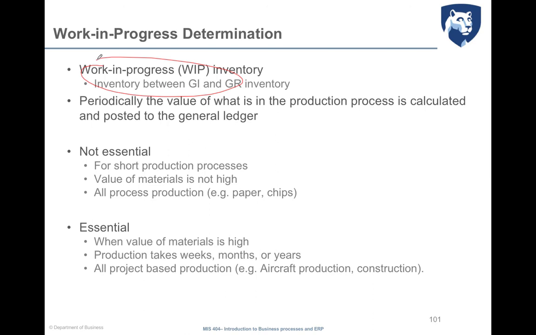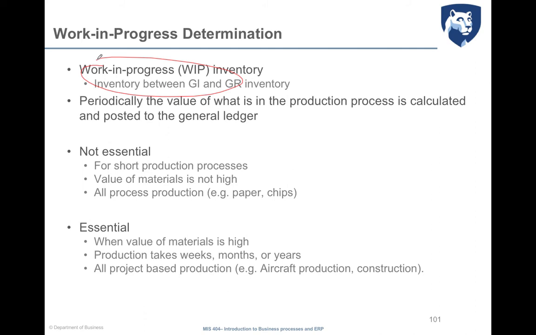There are instead products such as aircraft or buildings, where production time is very long. It takes months, it takes years. So in such cases, the materials used in production are considered work in progress inventory and must be properly accounted for in the general ledger. So in this case, you need to include in your balance sheet and in your economic evaluation also a work in progress account, which impacts the structure and the characteristics of your balance sheet.